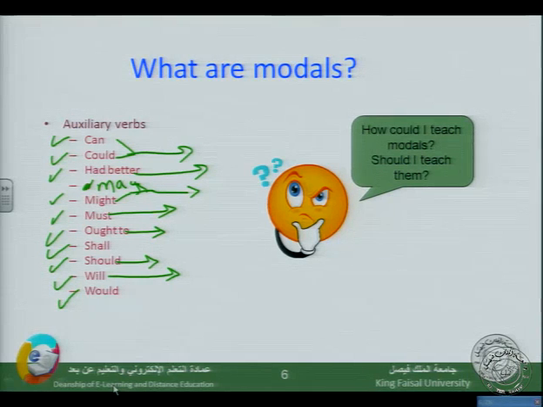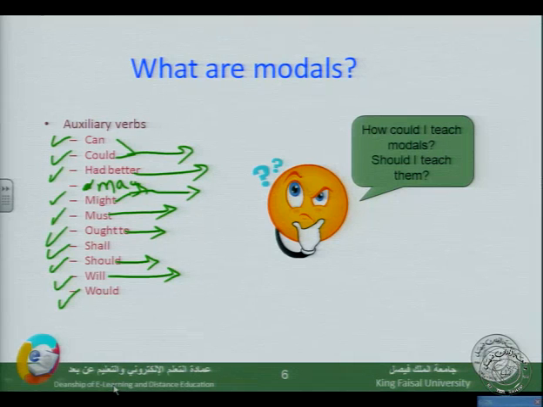In this class we will focus on some of them, the most common ones. And I want you, while you have any conversation with someone, to use these modals correctly. لأن كثير من الطلبة get mistaken when they use the modals.